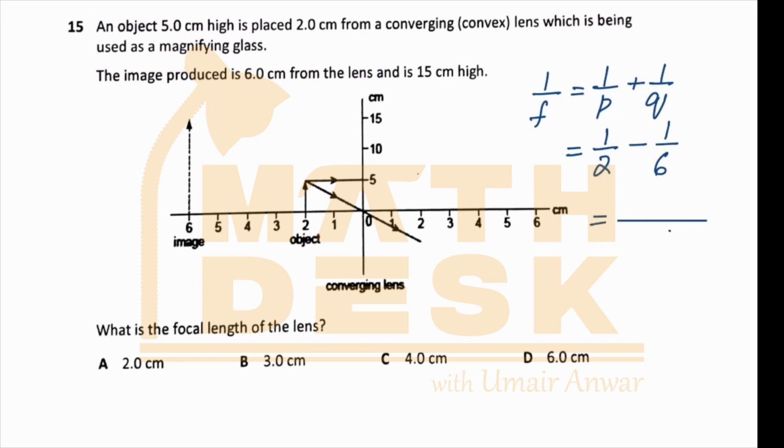Now the LCM would be 6 over here. We get 3 minus 1, which is 2 upon 6 equal to 1 upon f. So the focal length would be 6 upon 2 equal to 3.0 centimeters. So the second option would be correct in this case.